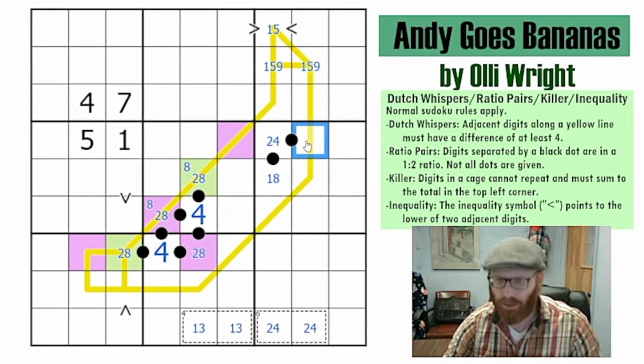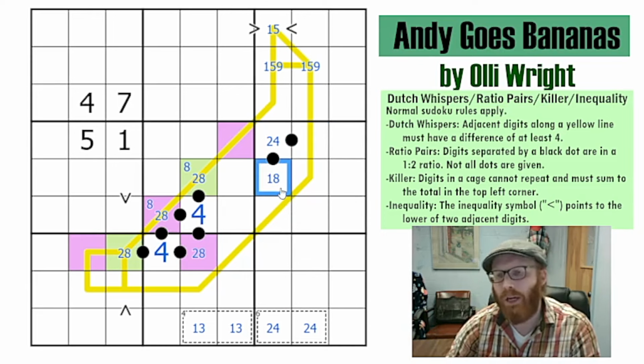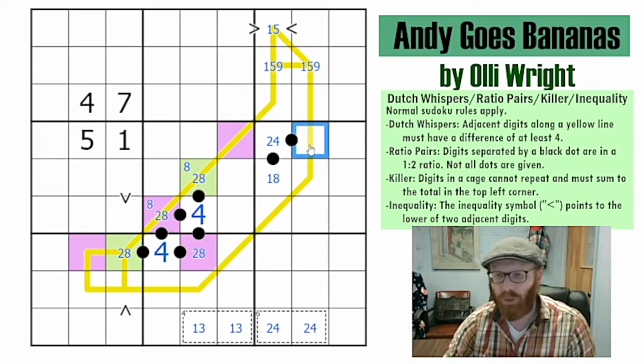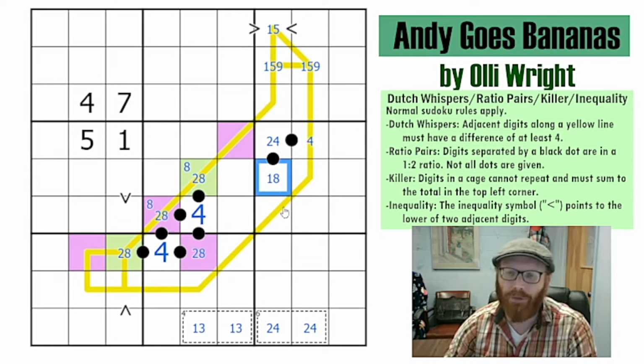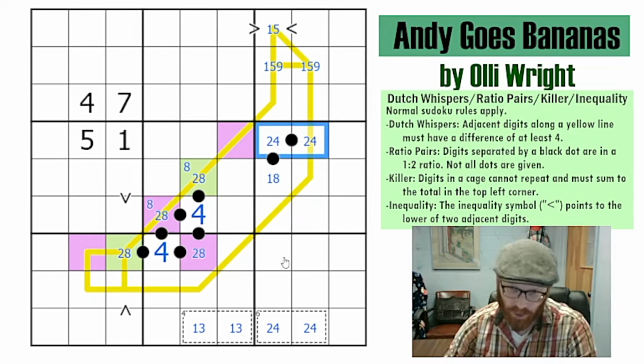All right, so let's delete that and think what this cell can now actually be. If this is a 1, we go 1, 2, and this would be a 4. If this is an 8, we go 8, 4, and this would be a 2, which gives me another 2, 4 pair in the row.